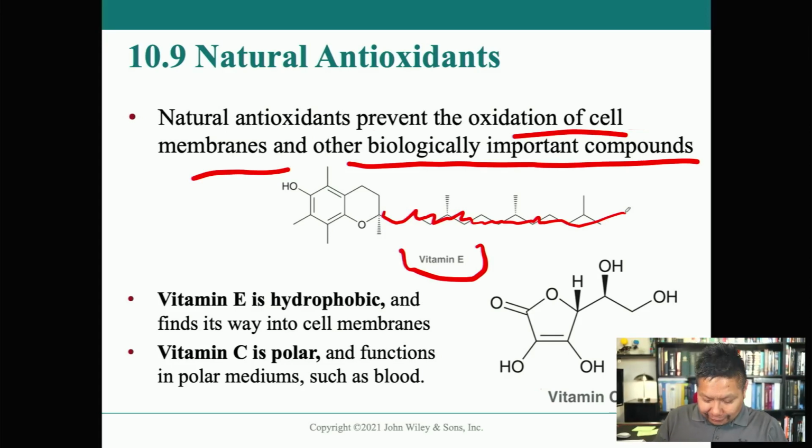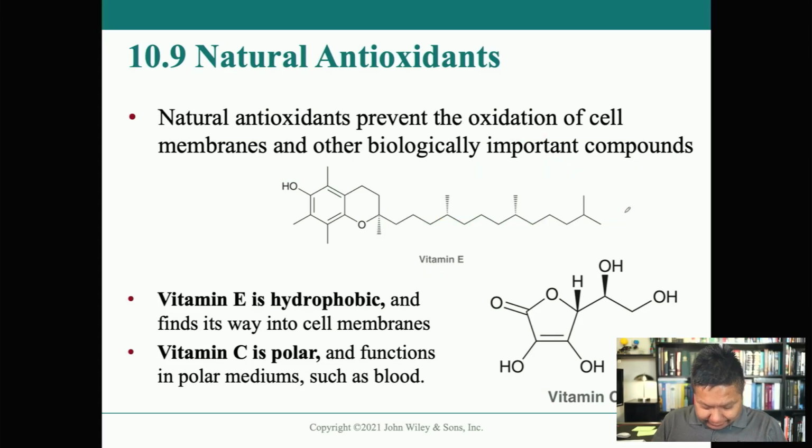This long carbon chain here just slides itself right into your cell membranes. And it's not a bad thing either, because vitamin E is an antioxidant, so it prevents your cell membranes from getting oxidized. That's a good thing, okay?